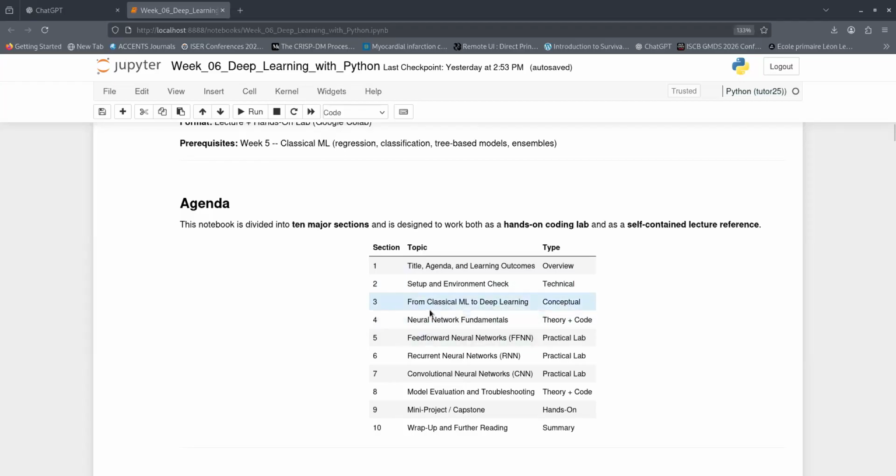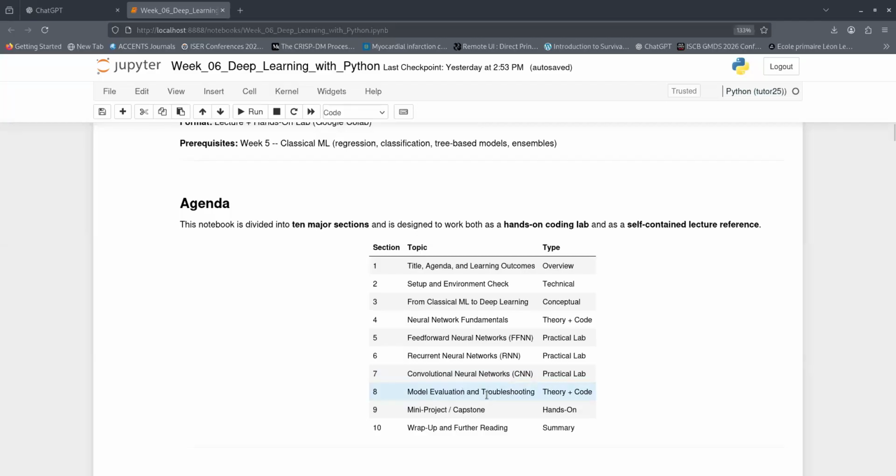We are going to talk about going from classical machine learning to deep learning, which is conceptual, and the neural network fundamentals themselves. We are going to see the feed-forward neural network and the recurrent neural network, maybe not today, because all this is quite big. After that, the convolutional neural networks, dealing mostly with images. The recurrent neural network deals mostly with temporal or sequential data.